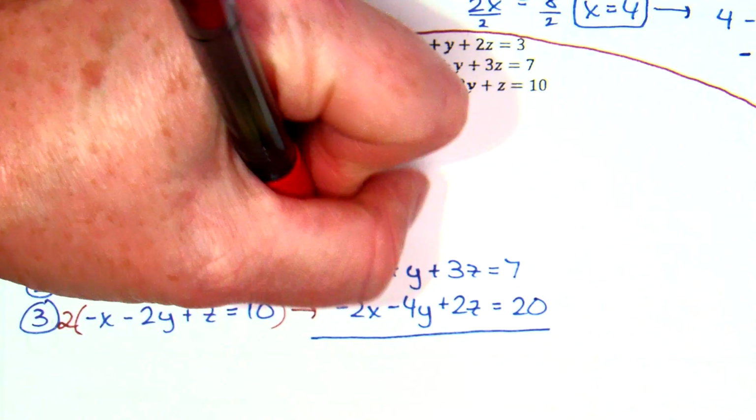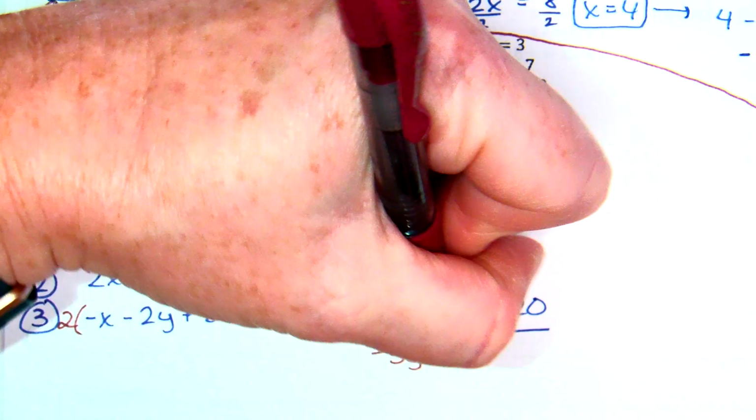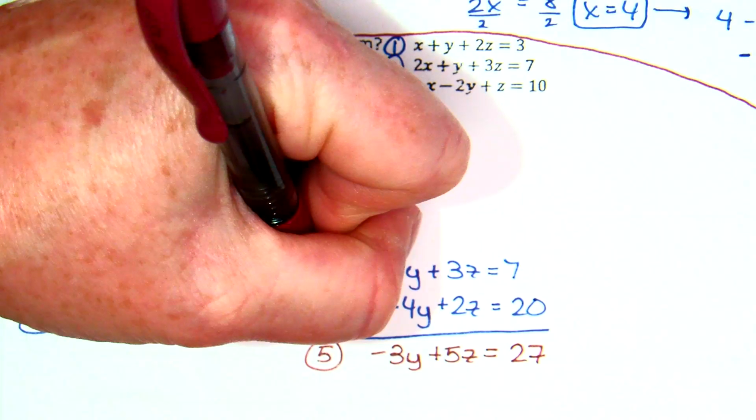This is my modified equations 2 and 3. 2x and negative 2x are opposite signs, so I can add them. 2x plus negative 2x, no x, 0x. Y plus negative 4y is negative 3y. 3z plus 2z is 5z. Carry down the equal sign. 7 plus 20 is 27. This is equation 5.